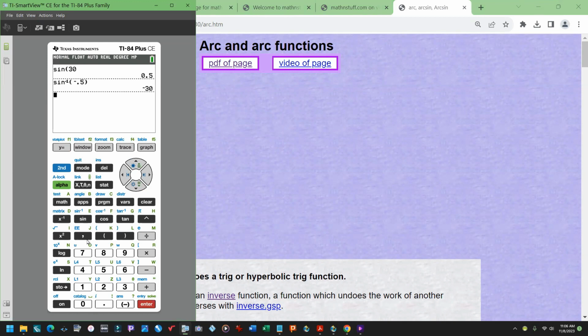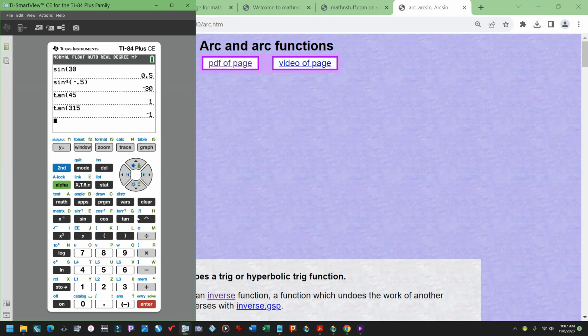I'm reminding you that the tangent of 45 is 1, and that the tangent of 315, which is a 45 in the fourth quadrant, I get a negative.